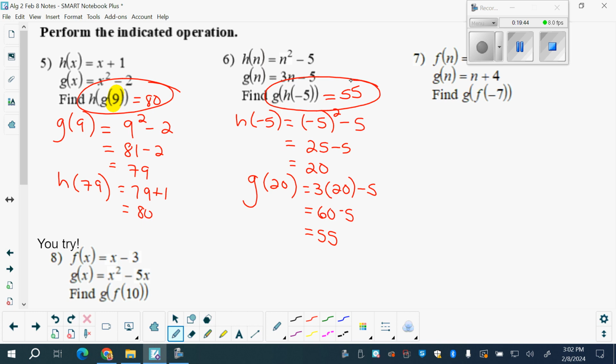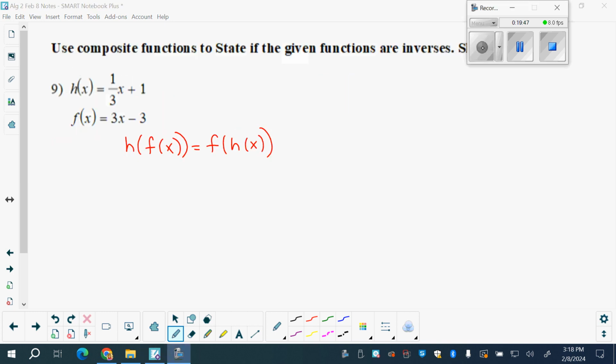So technically you're supposed to do this with a composition function. So we're going to do h composed of f of x, and then f composed of h of x. So that would be h of the f function, which is 3x minus 3.